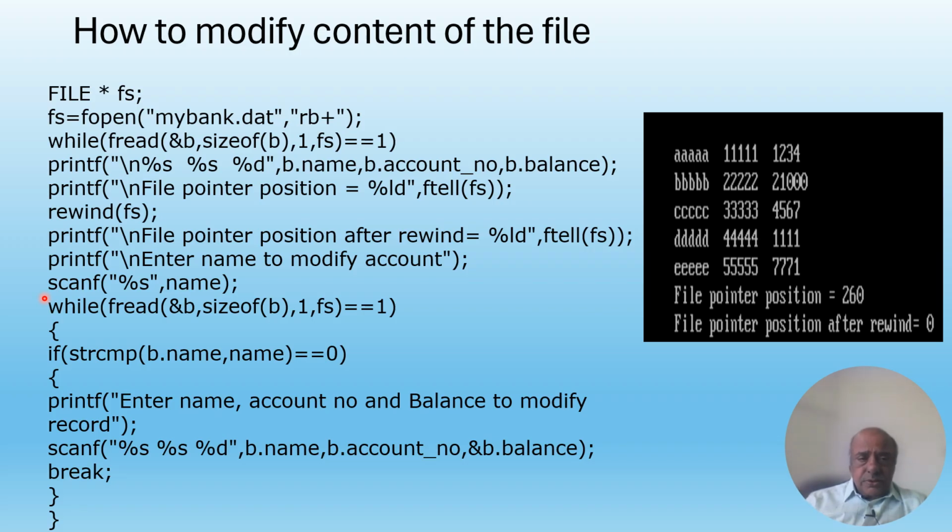When there is a string compare of b.name and name, and it evaluates to 0, we know we have found the record which has the name given by the user, and when this record is found in the file, we come out of the while loop by terminating it using break as the statement.